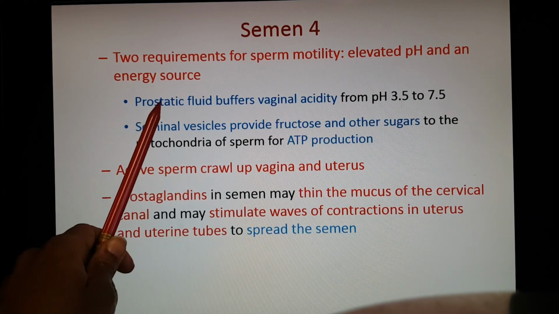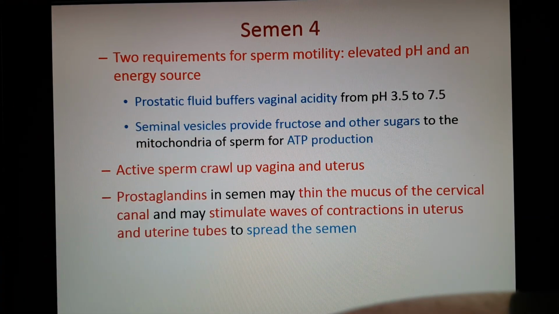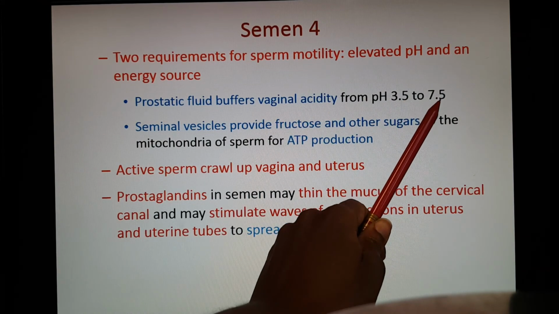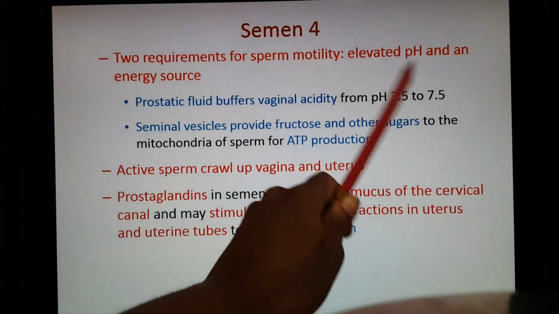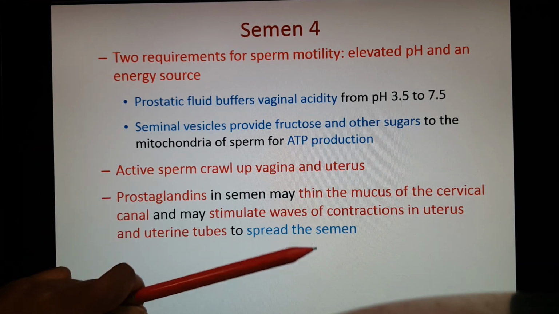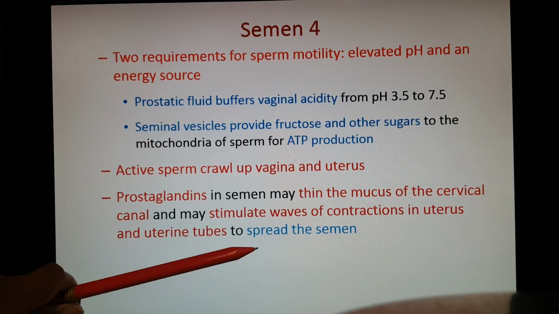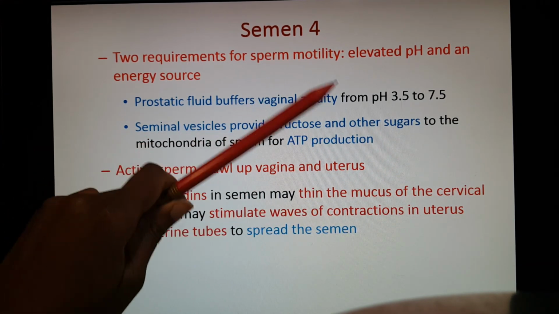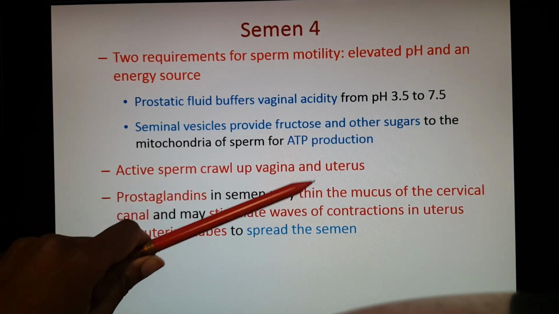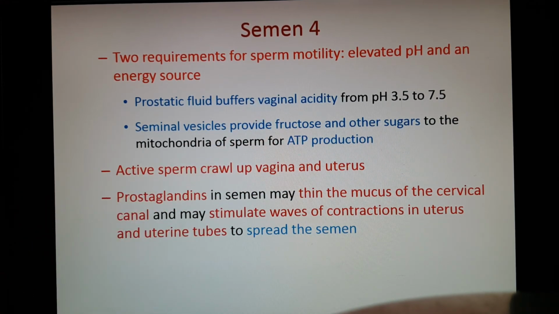So the prostatic fluid helps to buffer that acidity, so raising the pH from 3.5 to 7.5, so elevating the pH. The energy sources inside the seminal vesicles, there's fructose and other sugars to help make ATP, so those sugars being used inside the mitochondria to make your ATP.